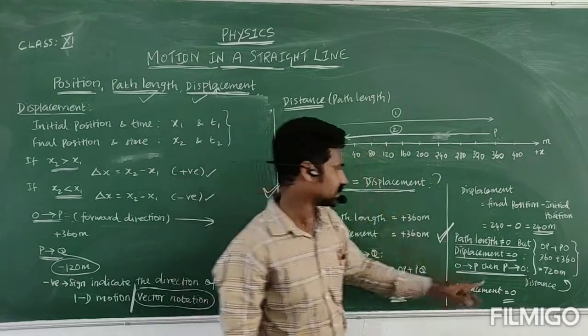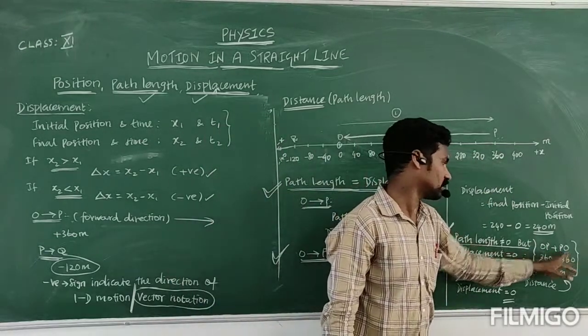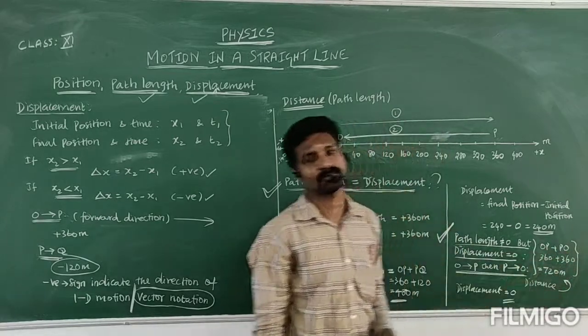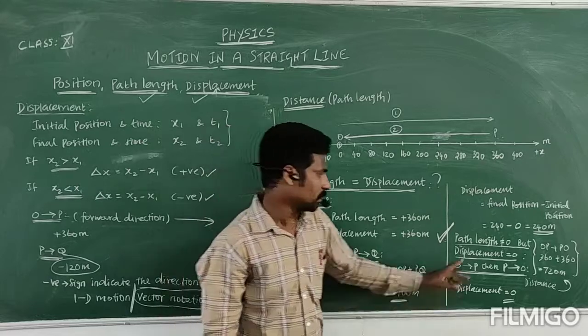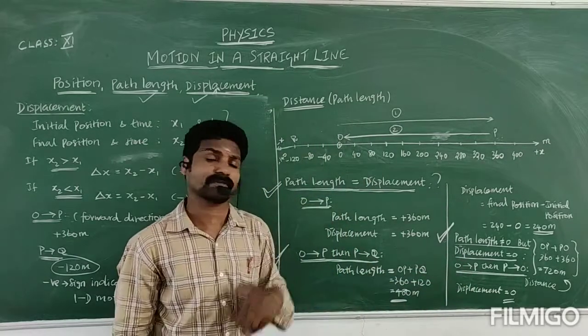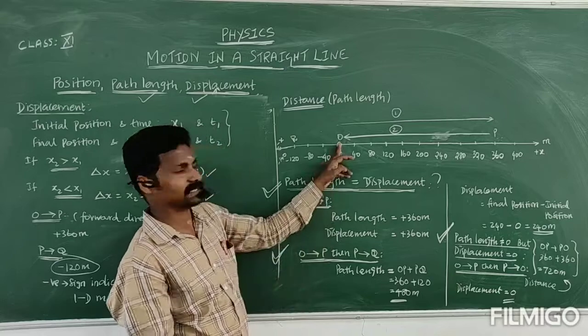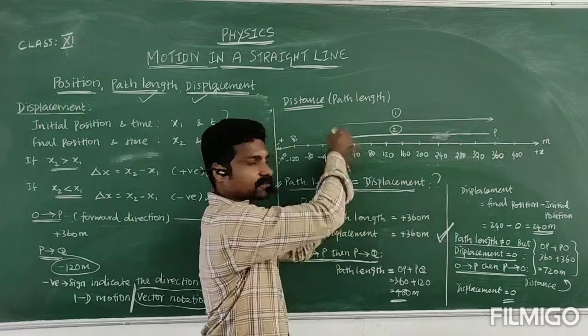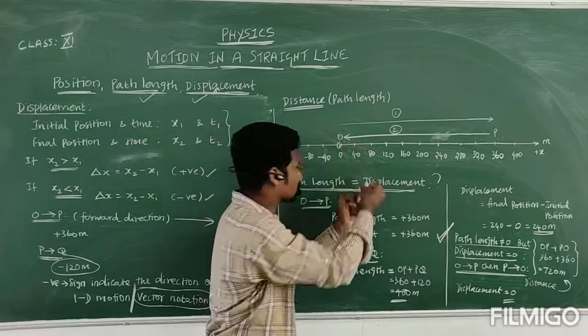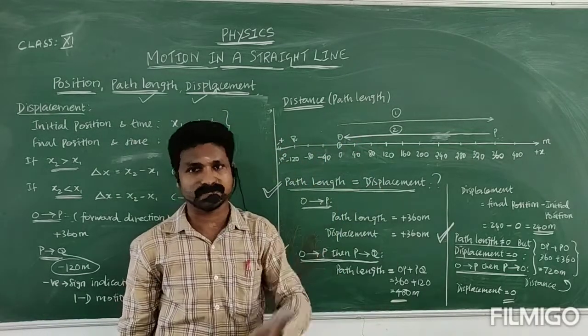So that is the distance. We can say OP plus PO, 360 plus 360 is 720 meter. That is the path length covered by the object. But displacement means what? Final position and initial position. Starting is 0, then it returned to the same position. So the final position is also the same as the initial position. So the displacement is 0.